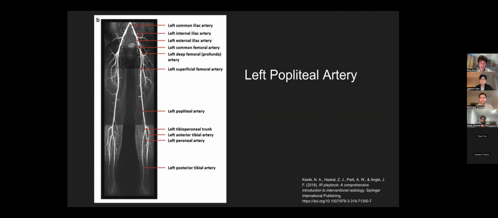All right, last question. What is this structure? I'm not going to tell you if it's an artery or a vein. You also have to figure that out.